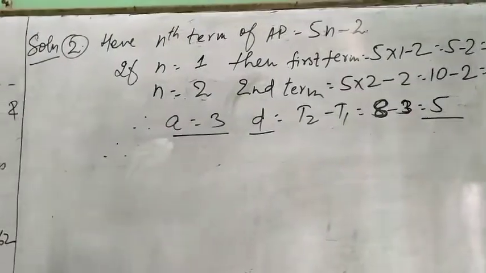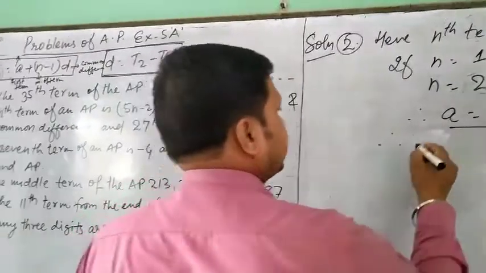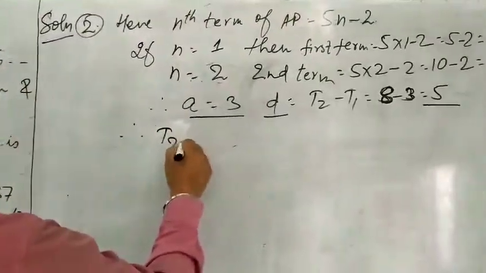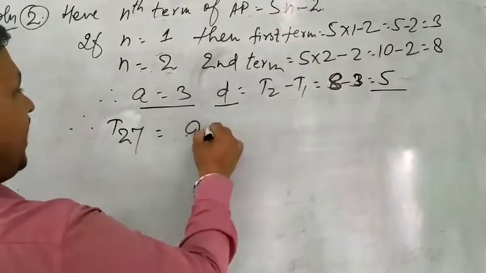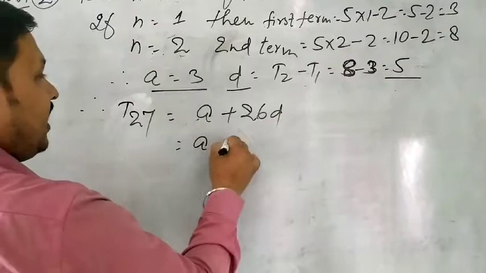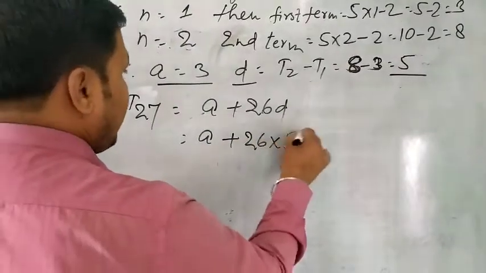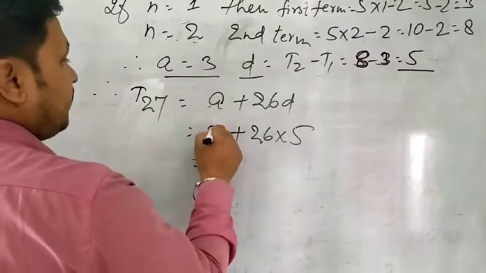So next question, find the 27th term. That means T27 equal to A plus 26D. That means A plus 26 into 5, where the value of A equal to 3.